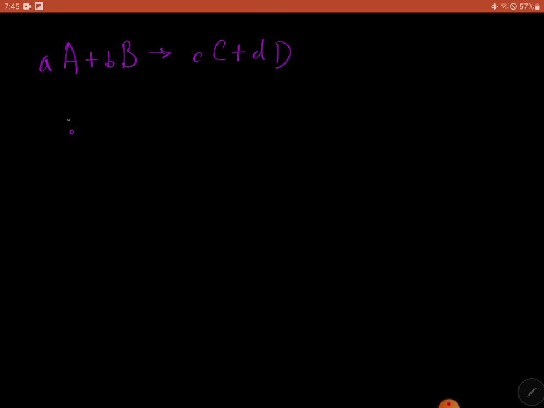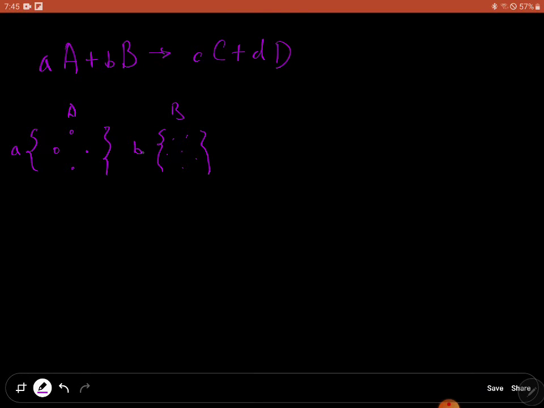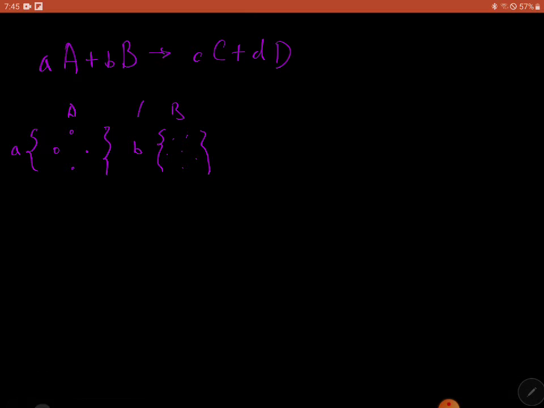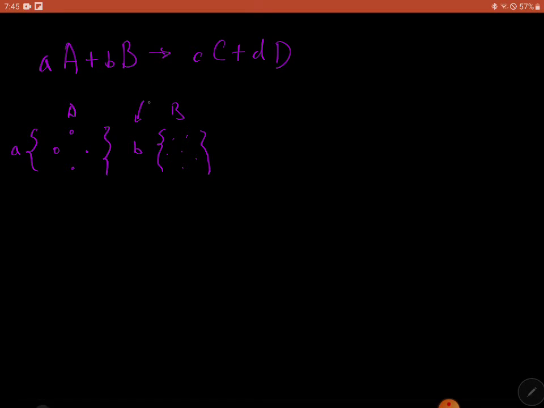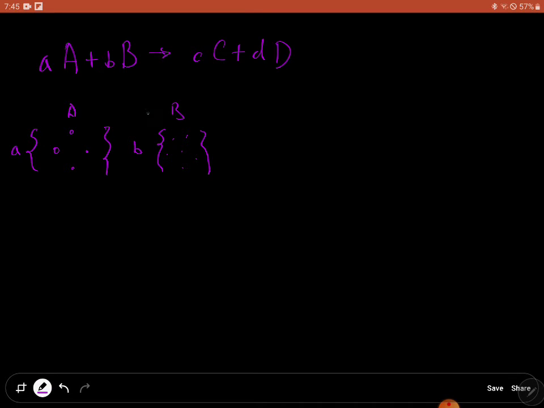The element A must be present as many as the number of its coefficient a. And element B also requires the number of its coefficient b in order to make a chemical reaction. In other words, if there is a smaller number, the chemical reaction does not occur.